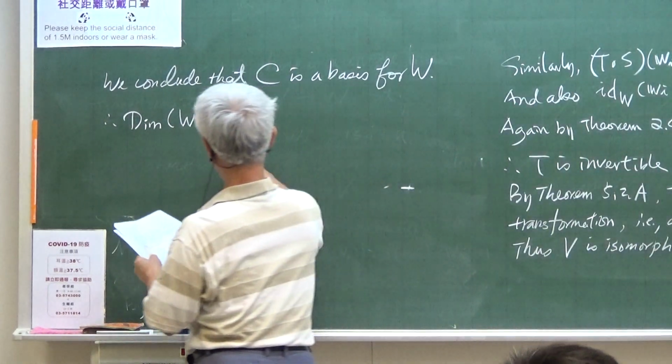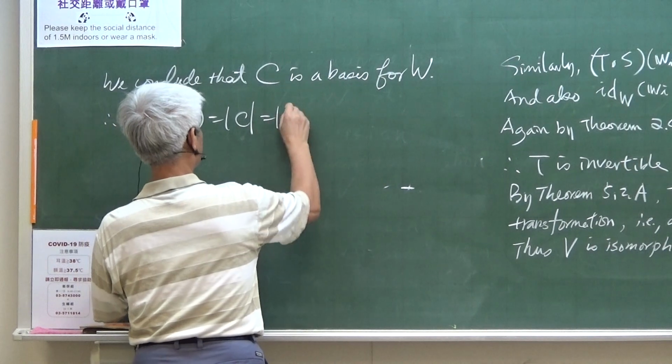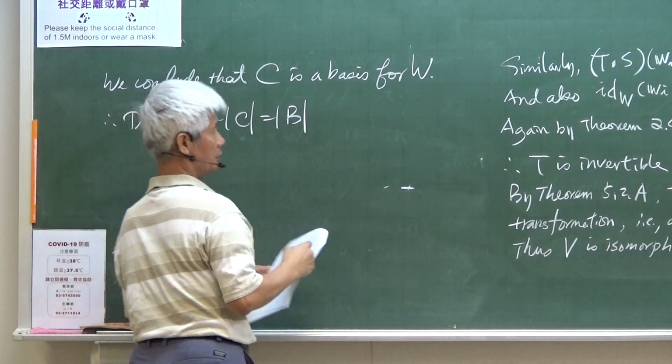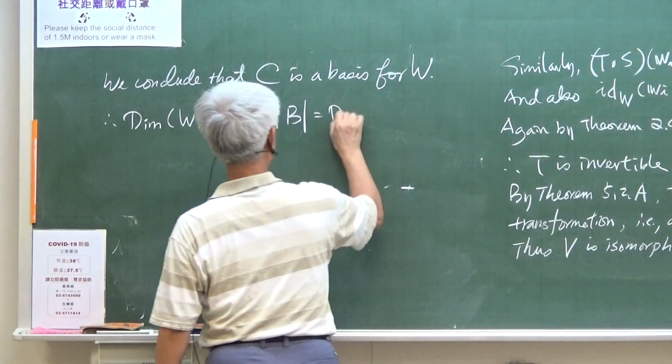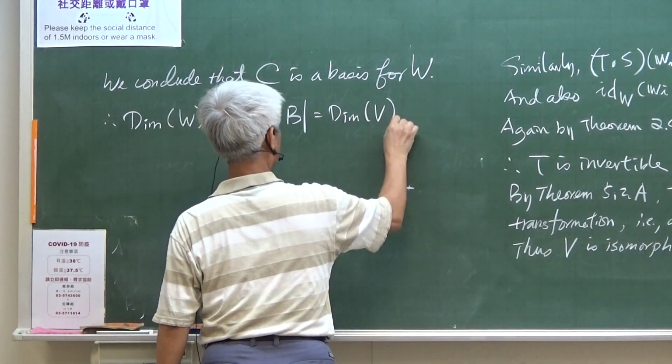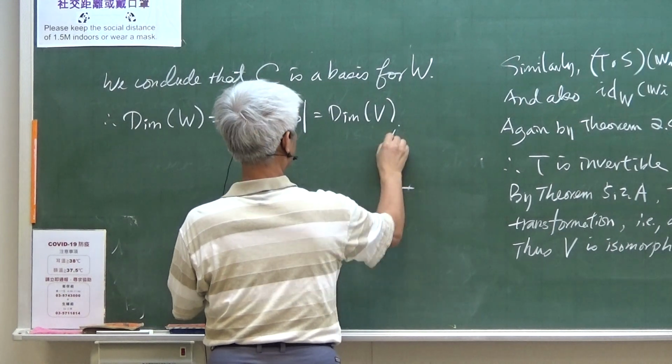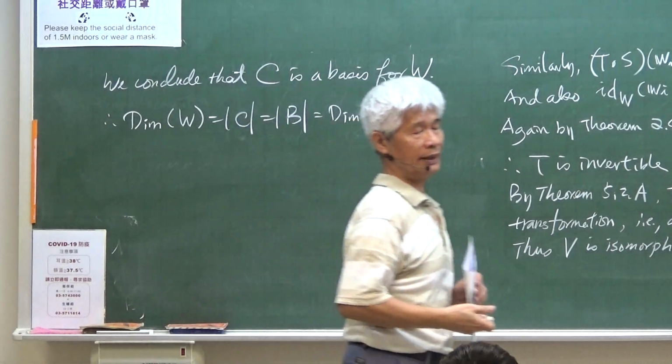C has the same size as B, because you can see the one-to-one correspondence. They are images of the vectors in the basis B. And this is the dimension of the space. Okay, and so they have the same dimension.